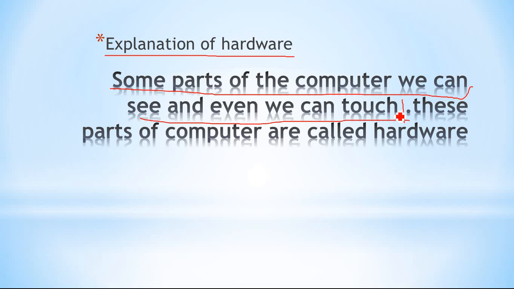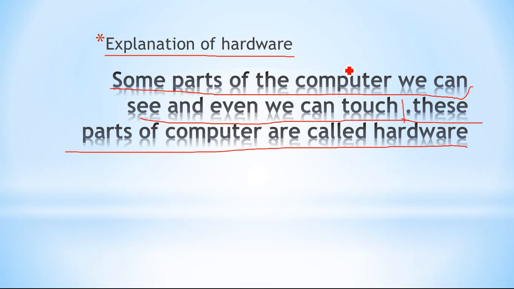So it means some parts of the computer, like keyboard, mouse, printer, scanner, speaker, all these parts we can see and we can touch. We can touch the mouse, keyboard, printer, scanner, and more things. So these parts of the computer are called hardware.